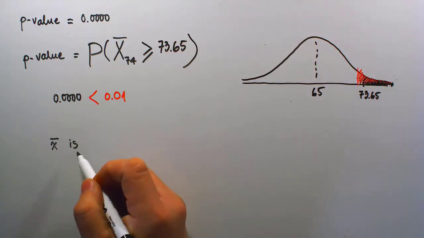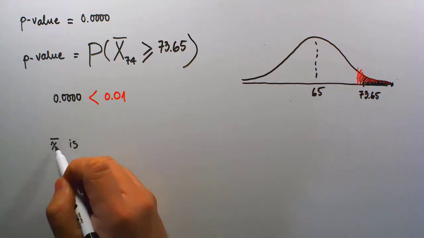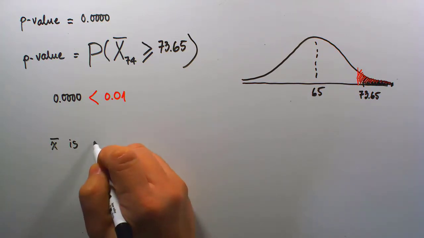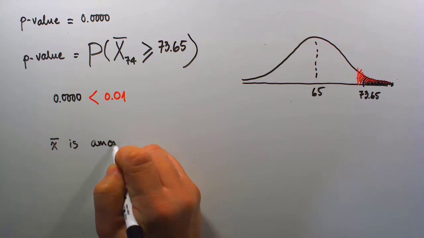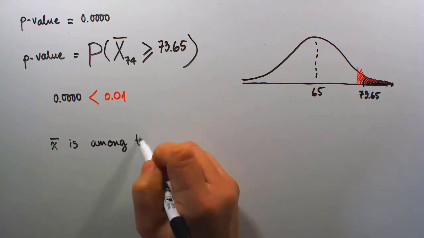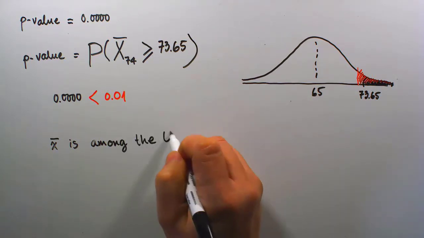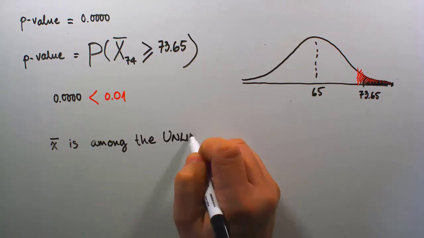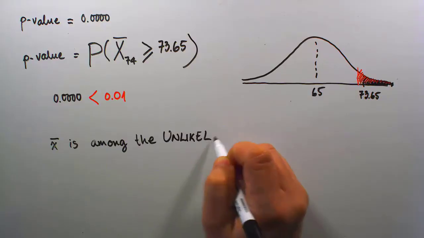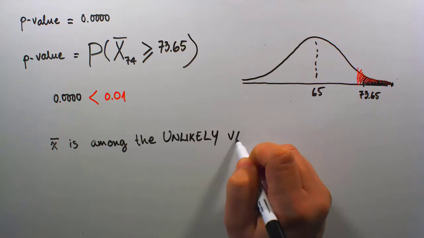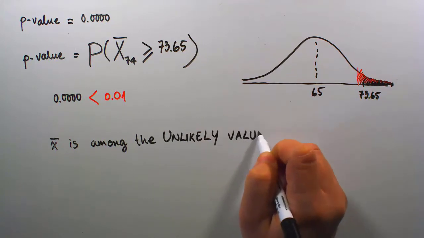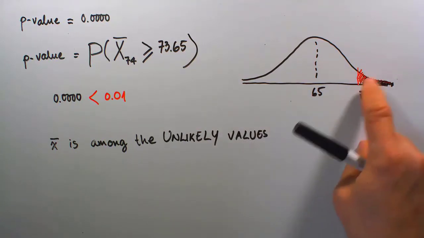And so the first thing we can say now is our sample mean is among the unlikely values, because the unlikely values are all made up by that red area.